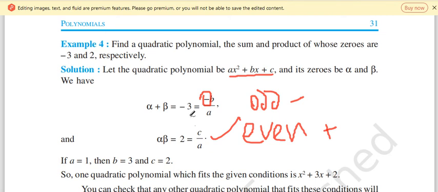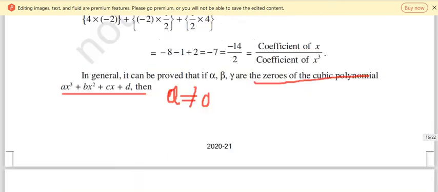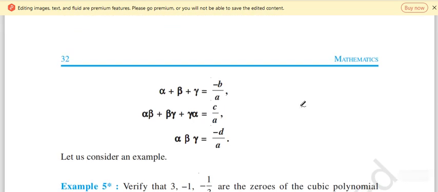First plus negative, second multiply even positive. Similarly, next, the first is odd so negative, the second is even so positive, and the third is odd so negative.